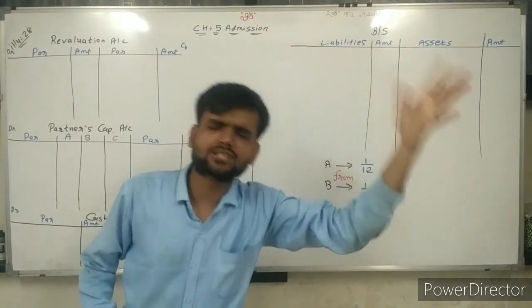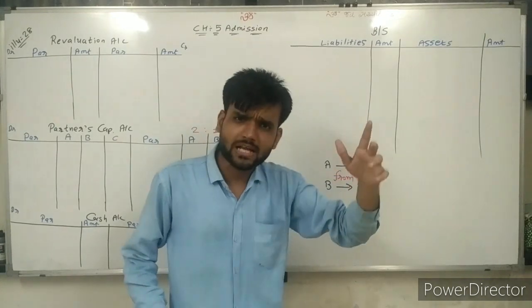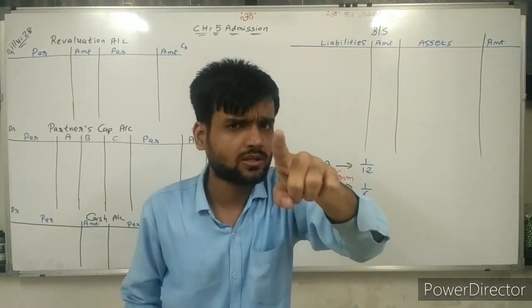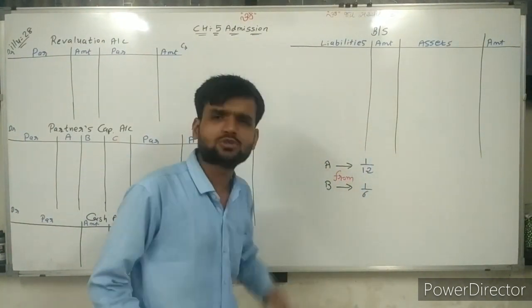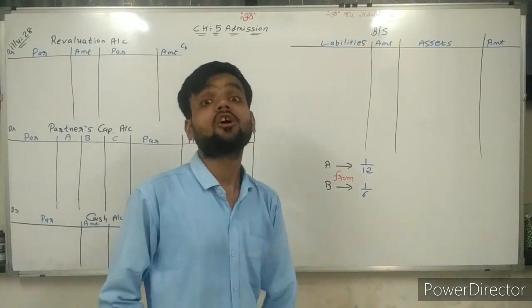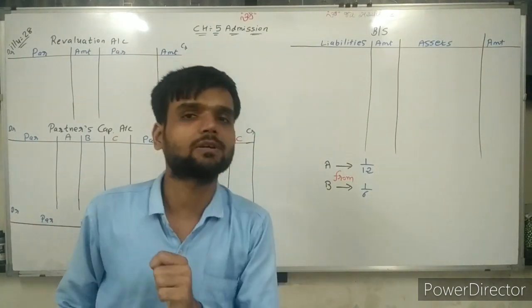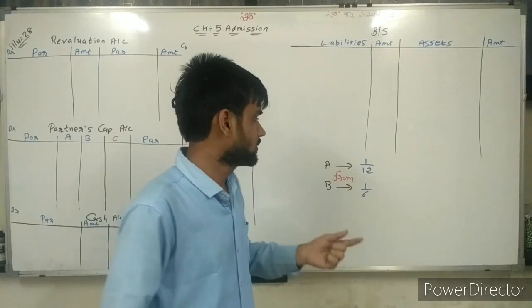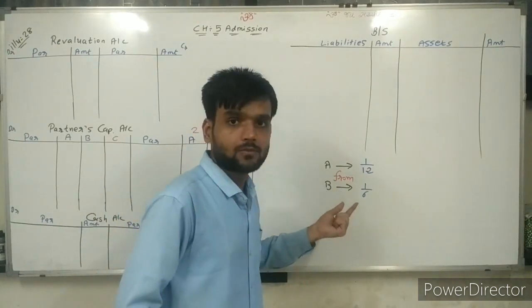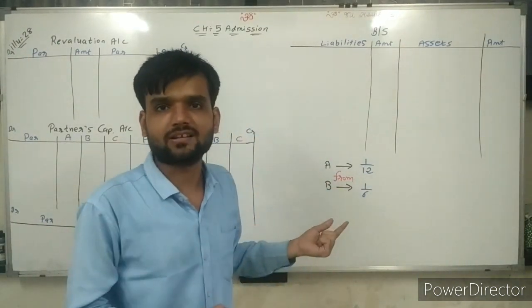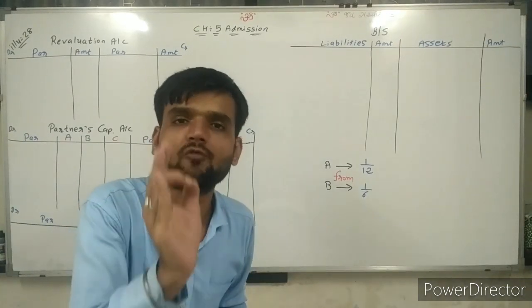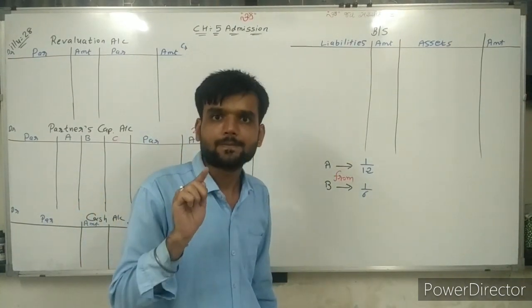Remember my last lectures. In one lecture, the same type of situation was given, but there "from" was not given. That was given "of" his share. And whenever the word "of" is given, then multiply.